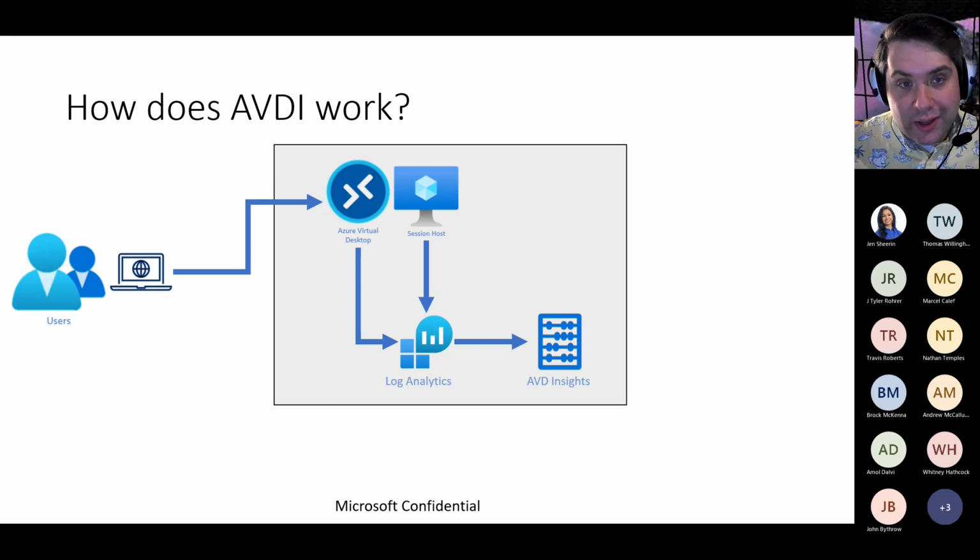It populates things like a WVD agent status health table, which is basically a history of the health of your session hosts, a whole host of things that are descriptive of the servicing elements of AVD. So this is one data source, and that data flows directly into Log Analytics depending on your configuration. But for use with AVDI, it has to go into a Log Analytics workspace.